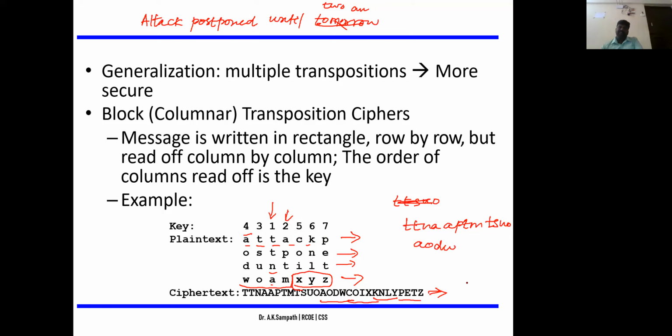Now the receiver will have the information about the column structure, the values 4, 3, 1, 2, 5, 6, 7.